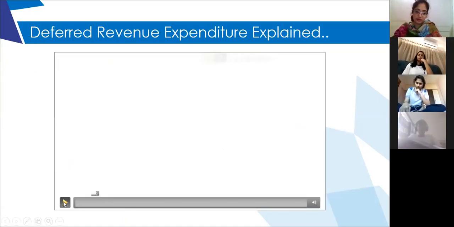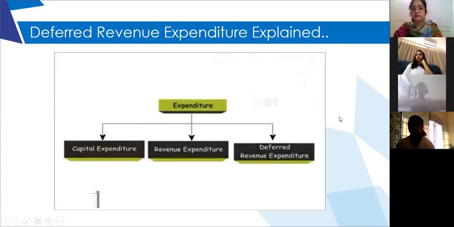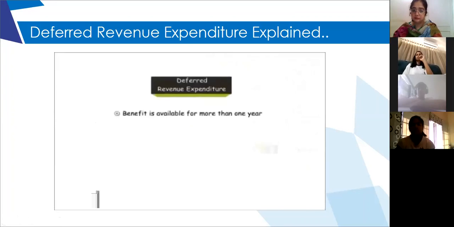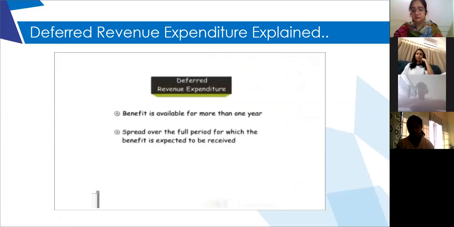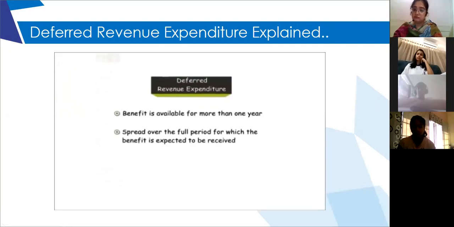Sometimes expenditure may be revenue in nature, but its benefit is available for more than a year. In this case, the expenditure is spread over the full period of which the benefit is expected to be received. Such expenditure is known as deferred revenue expenditure.